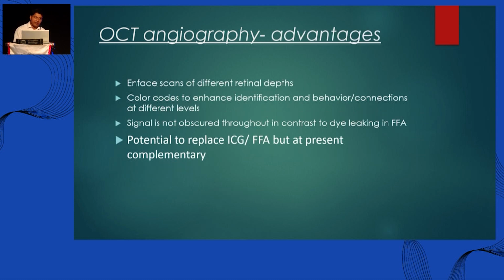One of the other things, at the onset I said the retinal vessels in certain areas are organized in layers. So OCT angiography has the advantage of looking at different layers. This is really important when you talk about diabetic maculopathy, where you look at the deep and superficial capillary plexus, and that gives a lot of information regarding the patient's prognosis.